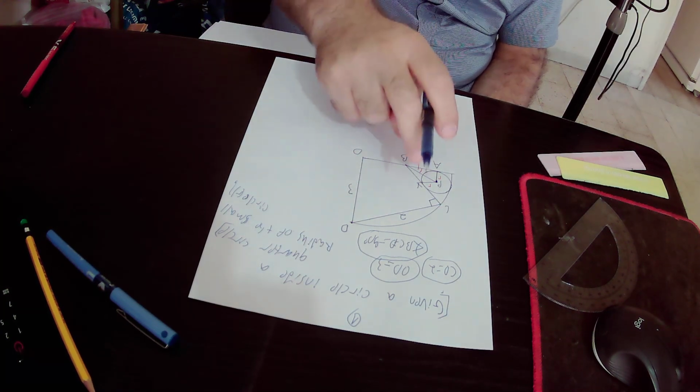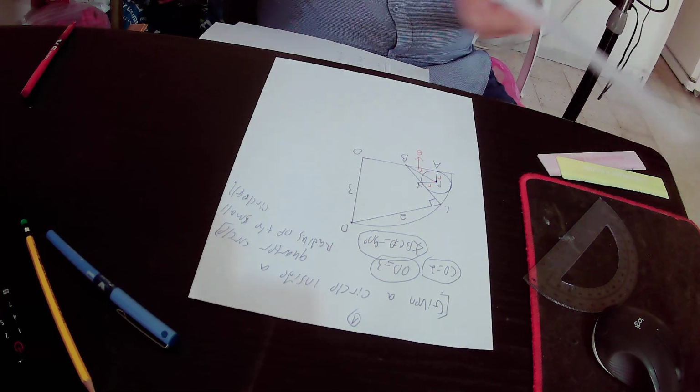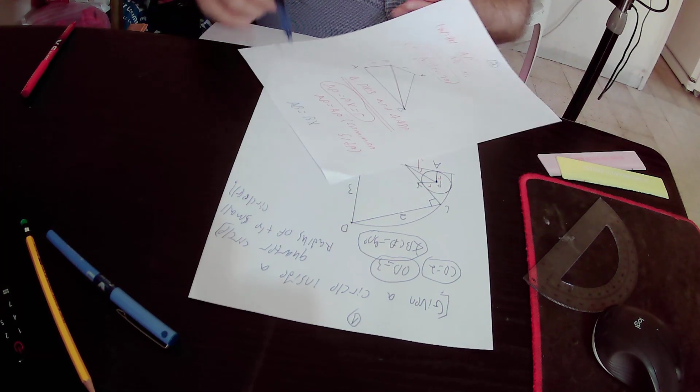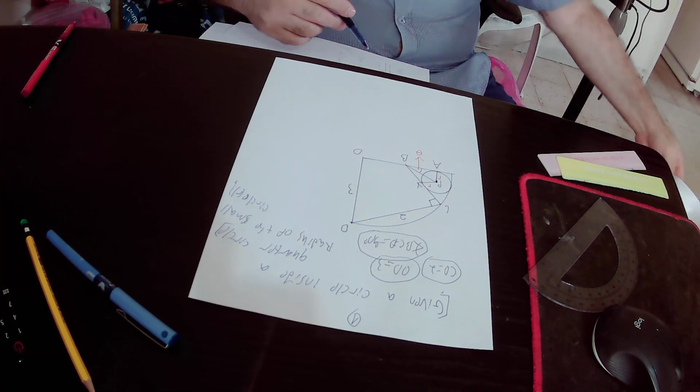So AB equals BX according to the two tangents theorem.